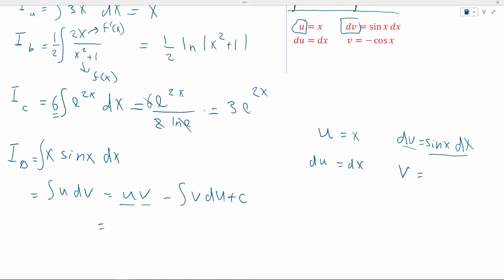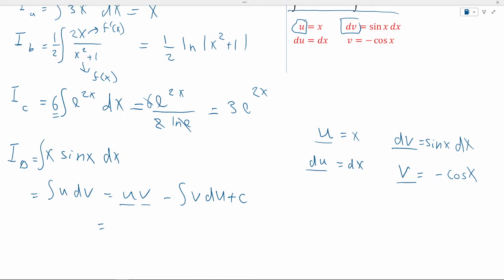If I integrate dv, I'll get v, and if I integrate sine x, if you remember, that is negative cosine x. Okay, so now I have my u, I have my du, I have my dv, and I have my v.